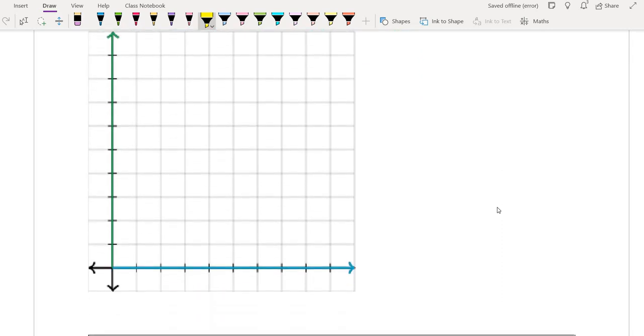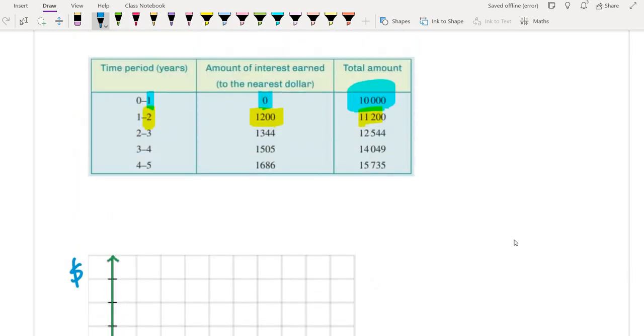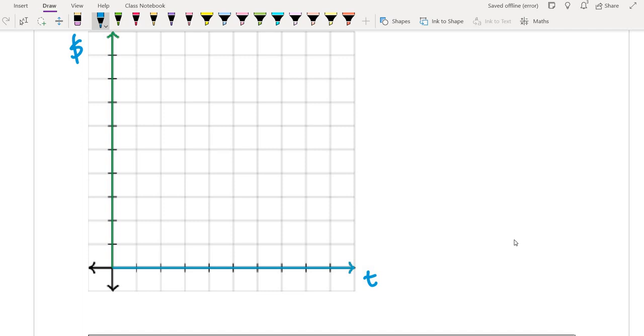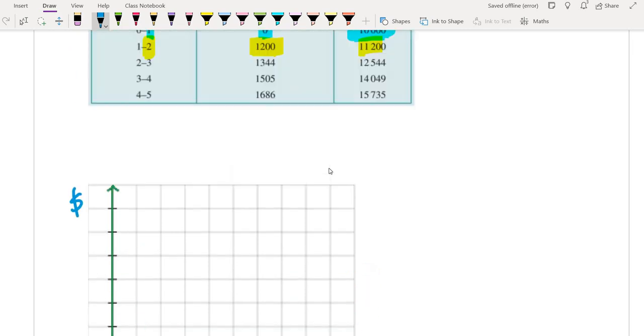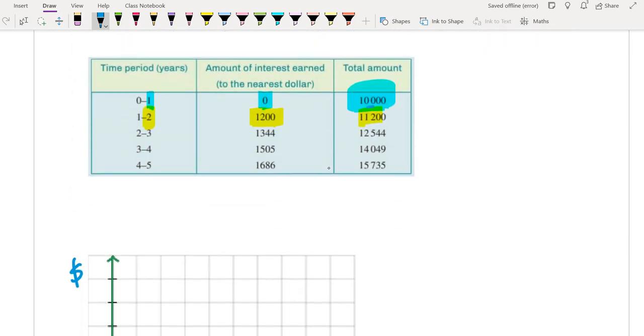So just looking at these two, let's put money here and number of years, so time here. So between when the time is 0 to 1, the amount of money we have doesn't change.